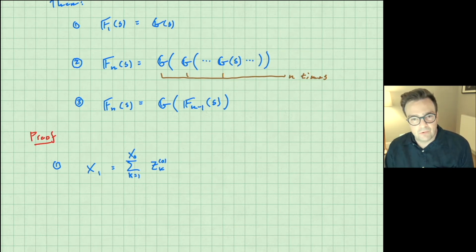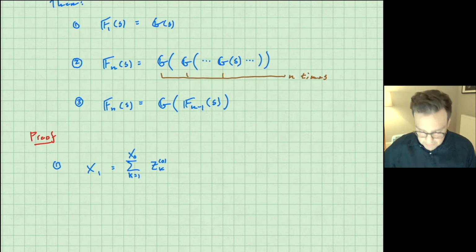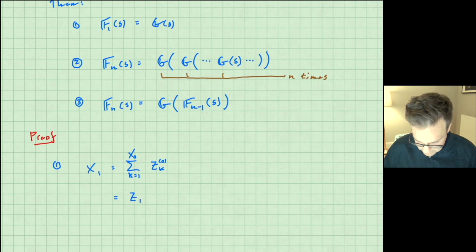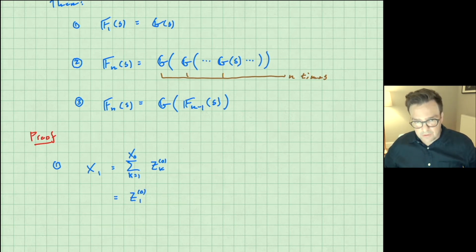But we've required that X0 is only 1, and so this is actually just equal to Z sub 1 for generation 0.